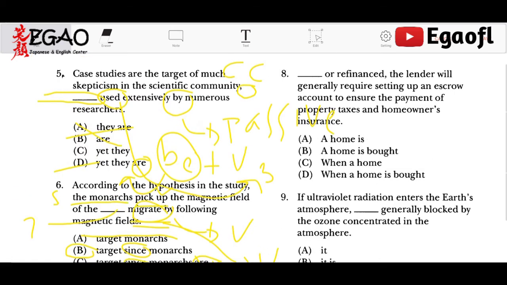And now let's talk about number 8. Space or refinance, the lender will generally require setting up an escrow account to ensure the payment of property taxes and homeowners insurance. Okay, there is a comma in the middle of the sentence.